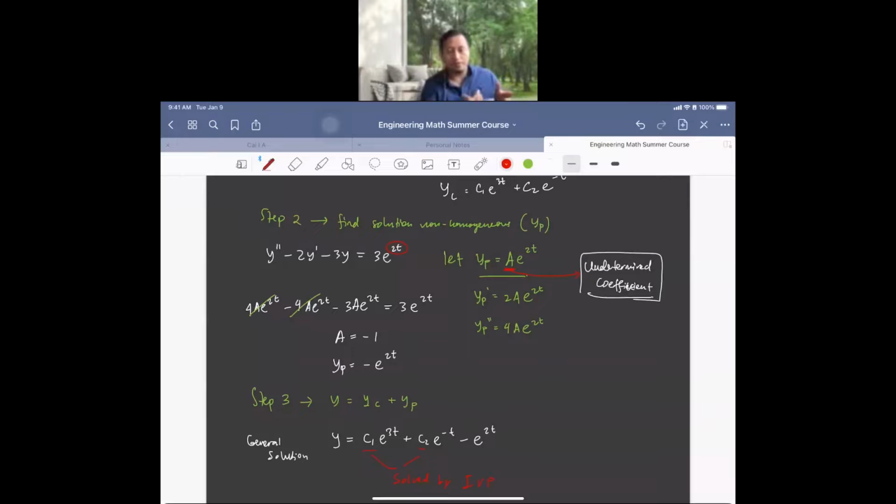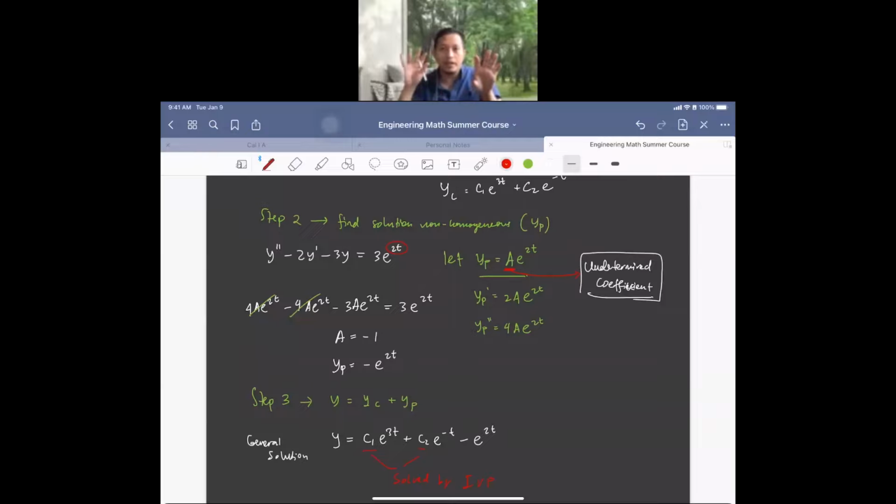Okay, let me go through one by one. So this is from the very simple one, and then a little bit more complicated one. But the idea is still the same. The idea in undetermined coefficients is we are just taking A, B, C as our coefficients for our yp, and then combining with the homogeneous one, and that is the general solution.